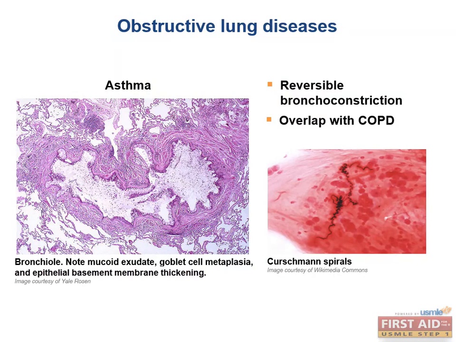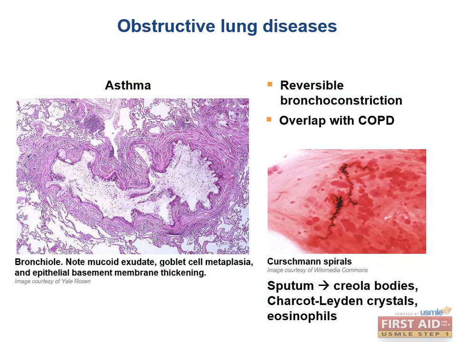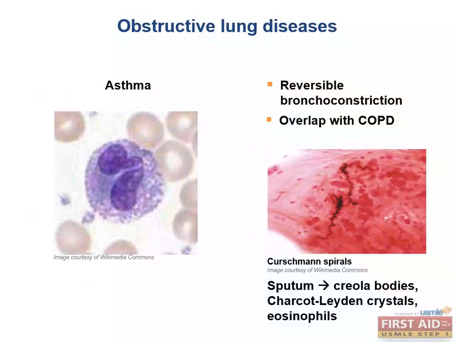So, if you looked at the sputum of an asthma patient, what else could you see? Well, you might find Charcot-Leyden crystals, Creola bodies, and of course eosinophils, especially in allergic asthma. What do eosinophils do in asthma?